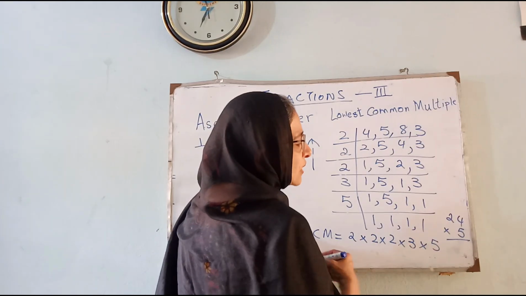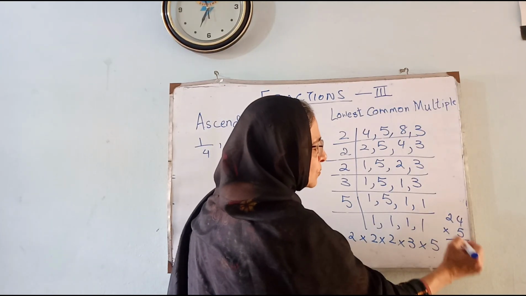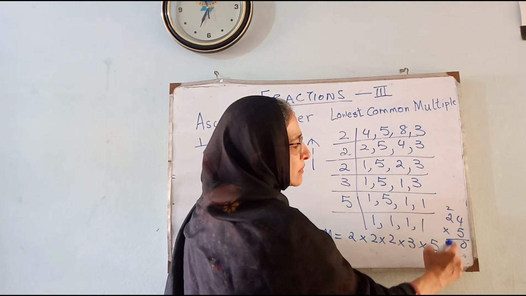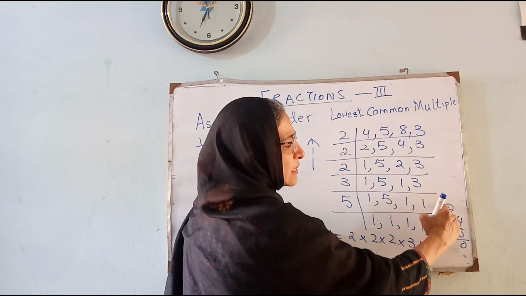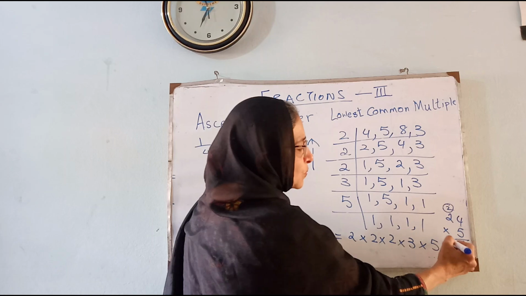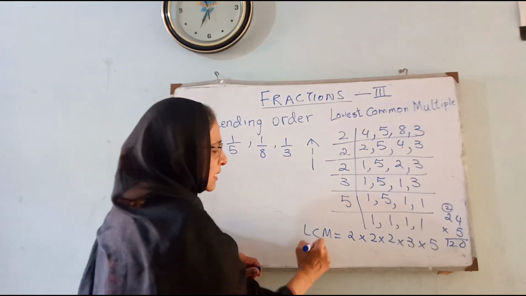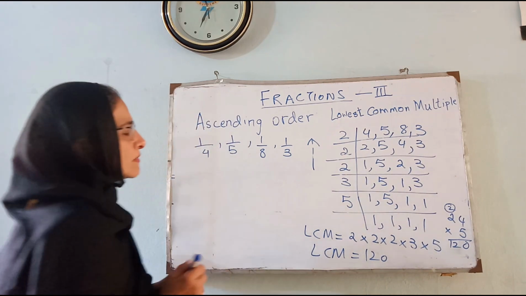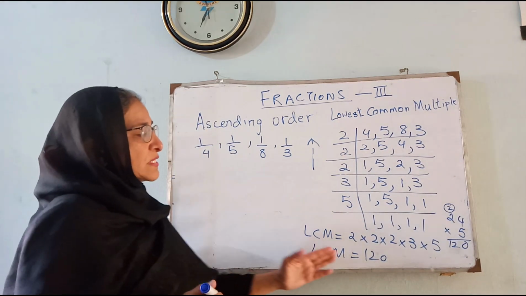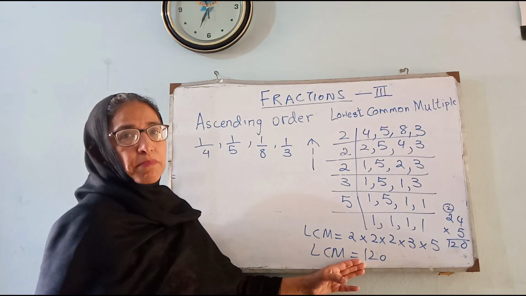So 5 fours are 20, 0 is going to come here, 2 here, and we carry this 2. 5 twos are 10, 10 plus 2 is 12. So my LCM is coming as 120, right? Now the LCM is 120, it's such a big number.